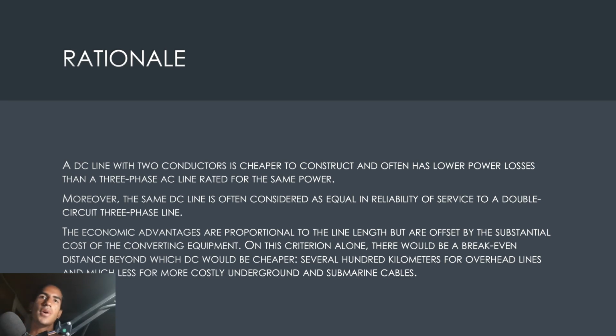it's different ideas. A DC line with two conductors is cheaper to construct and often has a lower power loss than a three-phase AC line rated for the same power. Of course, in AC you've got to have at least three lines, which immediately suggests that you're going to have an extra cable, instead of when you're talking about DC, which only uses two cables.